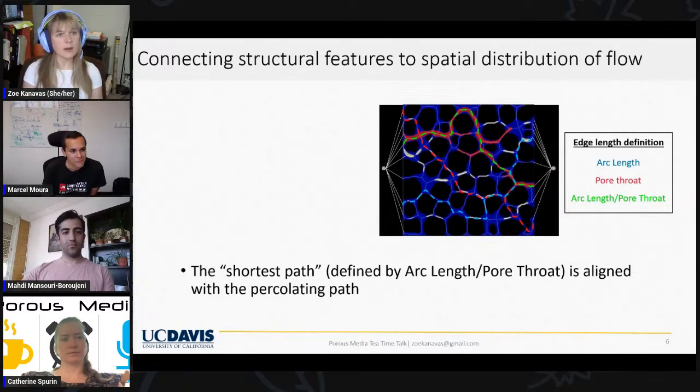So we had a very large training set to confirm that this is very accurate for all of those samples. However, they are two-dimensional samples. In my second project, we tested this same edge length definition on our three-dimensional samples with more complex structures, and it also held true for those samples as well.